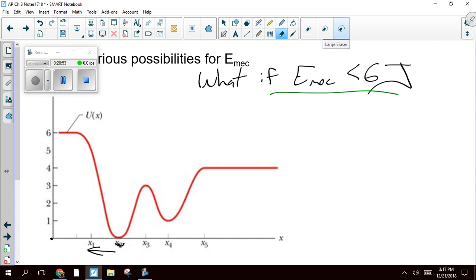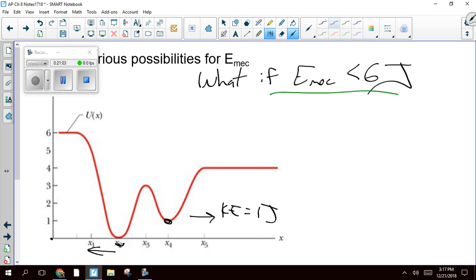What if we started our object right here and we gave it a kinetic energy? Maybe it's moving to the right so that the kinetic energy is 1 joule. Okay, well, let's see. So that would mean that at this point, our potential energy is 1 joule, our kinetic energy is 1 joule, so our mechanical energy is 2 joules, right?